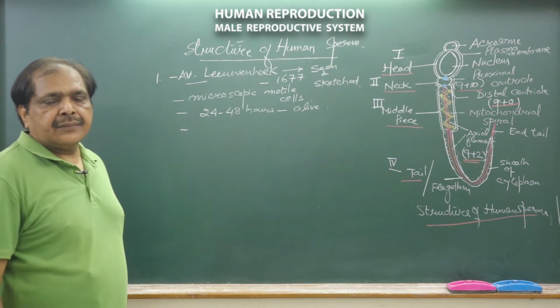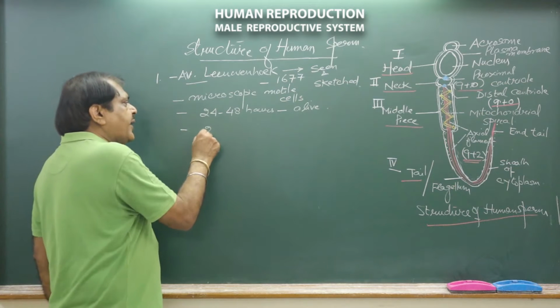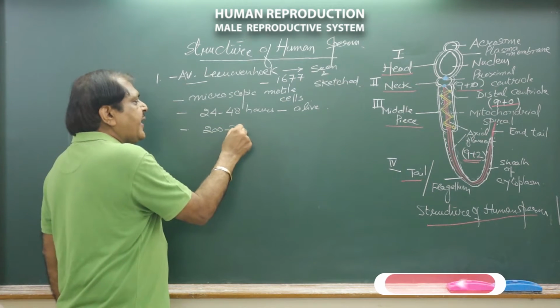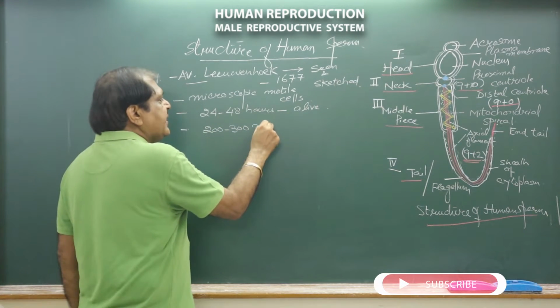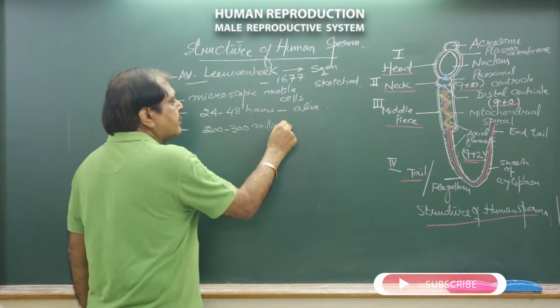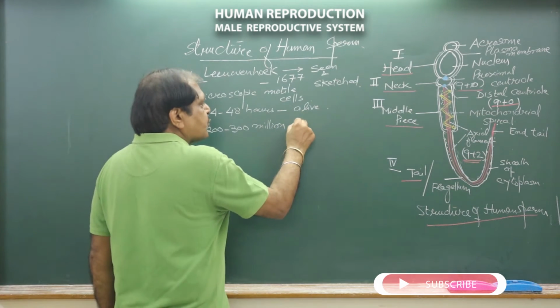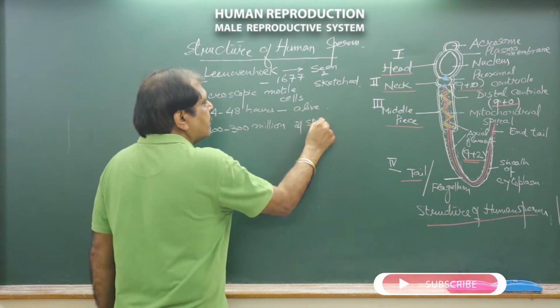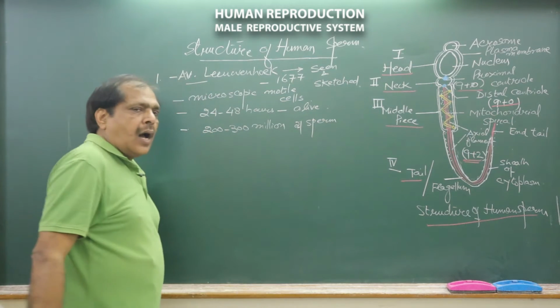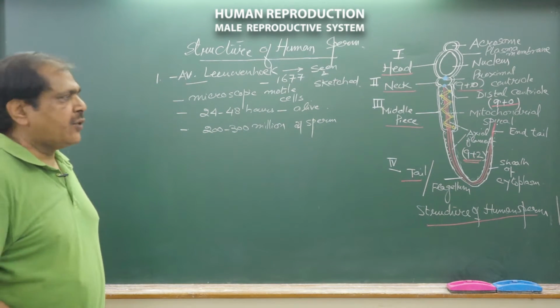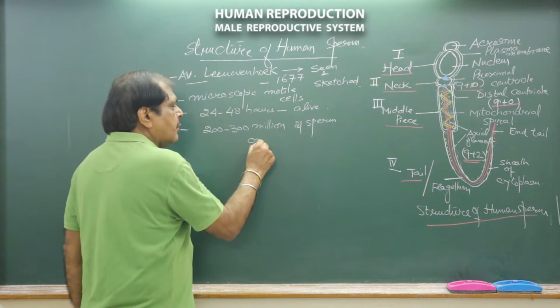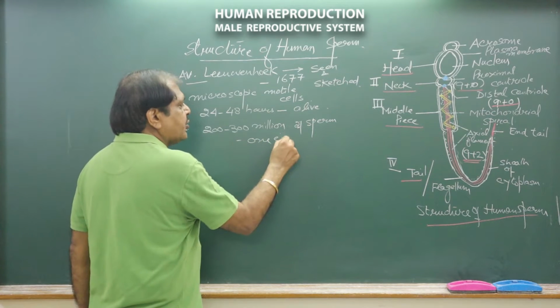Then fourth, about 200 to 300 million sperms are discharged in one ejaculation.